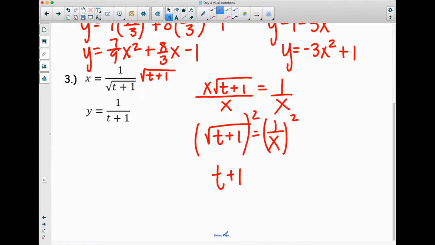So t plus 1 is equal to 1 over x squared, and we subtract our 1. I'm just flipping away. Flipped them both, that's fine.